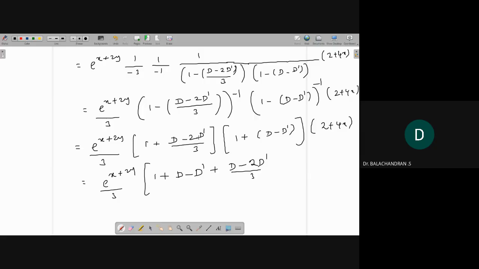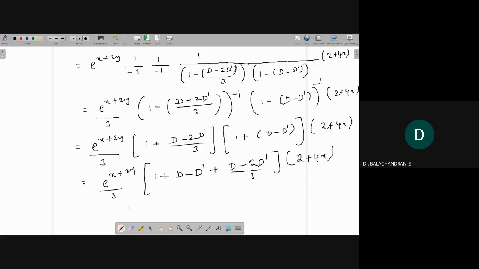If you multiply these two terms, I will get one more term. I don't need that term, because that term contains D minus 2D dash, D minus 2D dash. But here I don't have even y, so that's why I don't need the term. So into 2 plus 4x.